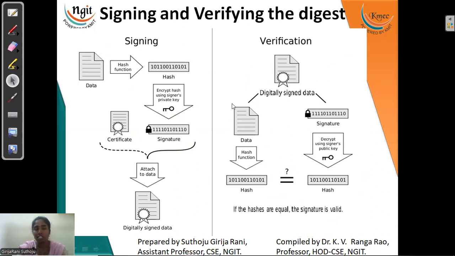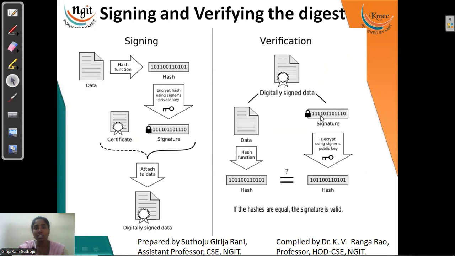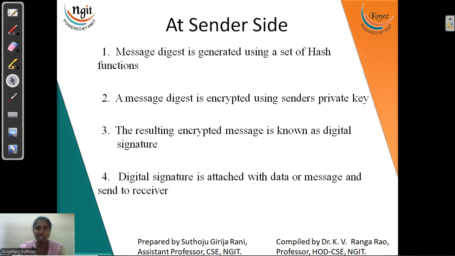DSA is. The first procedure we need to know is key generation. After generating the X and Y values, X is the private key, which is used in the signing algorithm, and Y is the public key, which is used in the verification algorithm. At the sender side, the result is the digital signature.